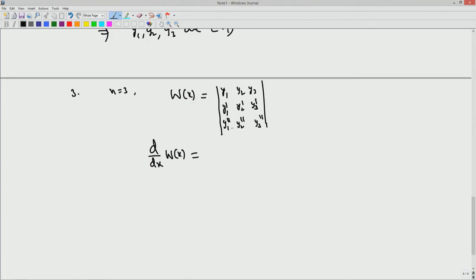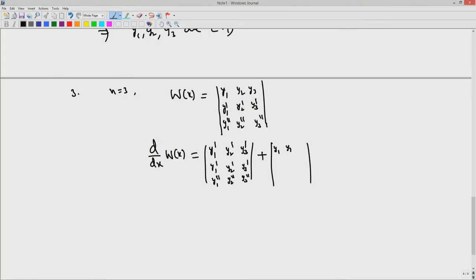Every time you differentiate one row with respect to x and add up: the derivative is the sum of the determinants in which each row is differentiated with respect to x. So for a 3 by 3, I have y1 dash, y2 dash, y3 dash, the rest of the 2 rows as they are, that is y1, y2, y3 dash... y1 double dash, y2 double dash, y3 double dash, plus now I differentiate the second row.